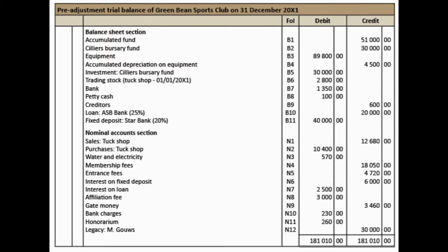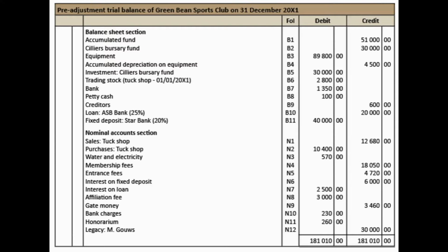All right. So think of the membership fees account, the accrued income and the income received in advance for the next year at the beginning of this year have already been taken into account. Okay, as well as all the money that we have received during the year for membership fees.